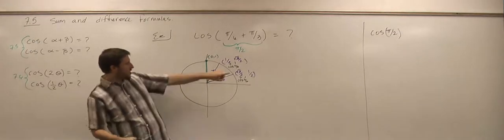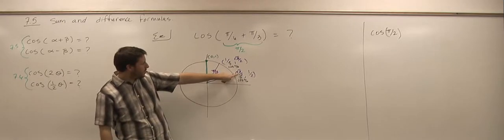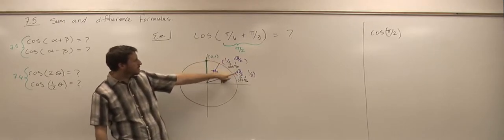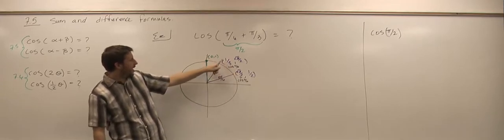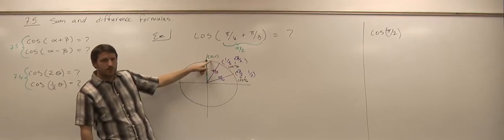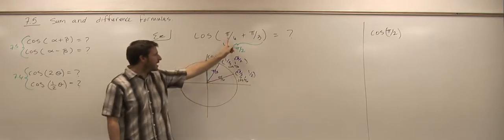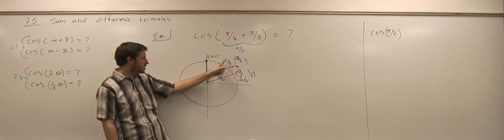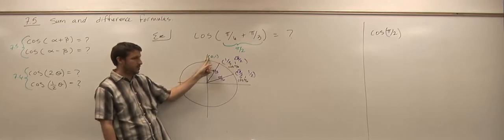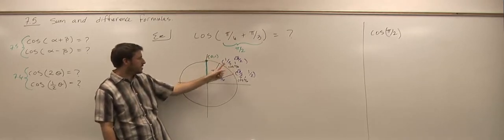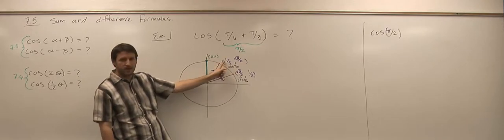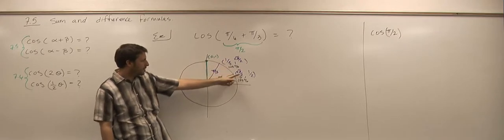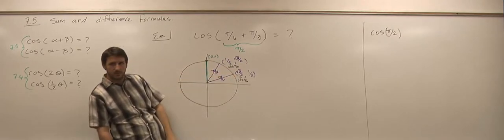So my first question is, is there any operation I can do to this number and this number to get this number? For example, if I just add root 3 over 2 and 1/2, do I get 0? No. So this formula is more complicated than just adding cosine of pi over 6 and cosine of pi over 3. If you subtract them, root 3 over 2 minus 1/2, do you get 0? No. If you multiply them, 1/2 times root 3 over 2, does that give you 0?